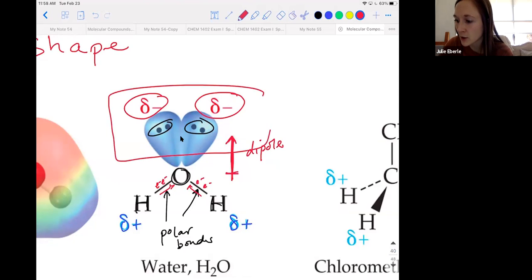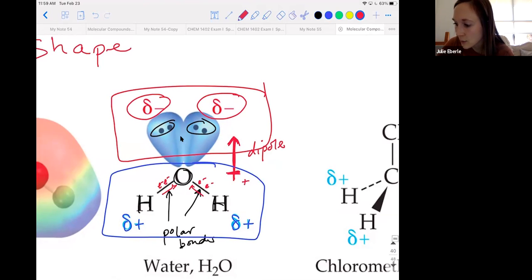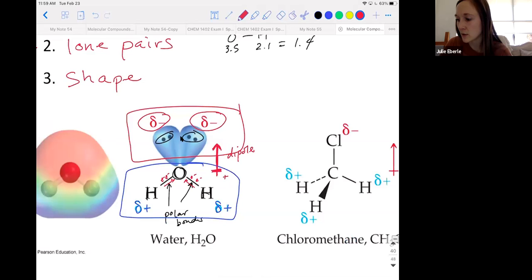If we separated our molecule into two chunks, a top chunk and a bottom chunk, we would point the dipole towards the region that is the partial negative. Then we cross the arrow, making a little plus sign, on the region that's partial positive. So you point it towards the partial negative region, and you have the partial positive indicated as well.